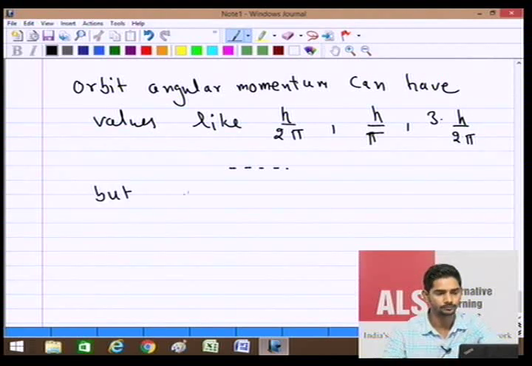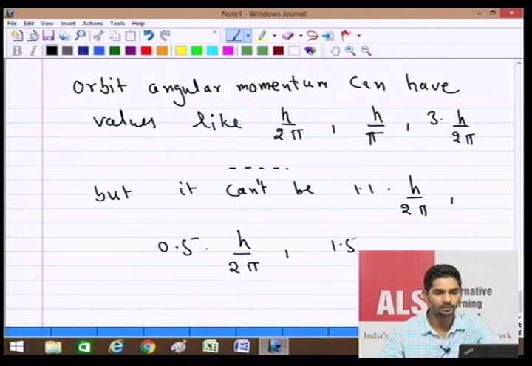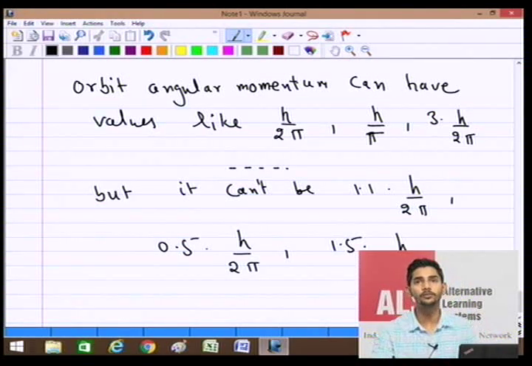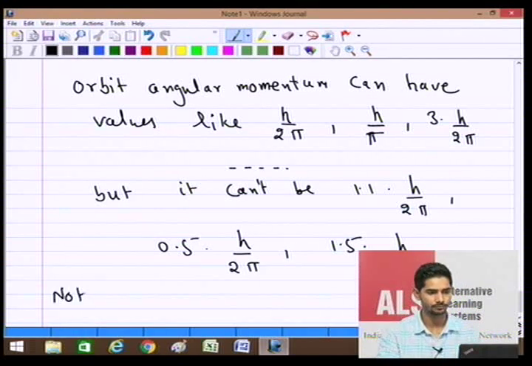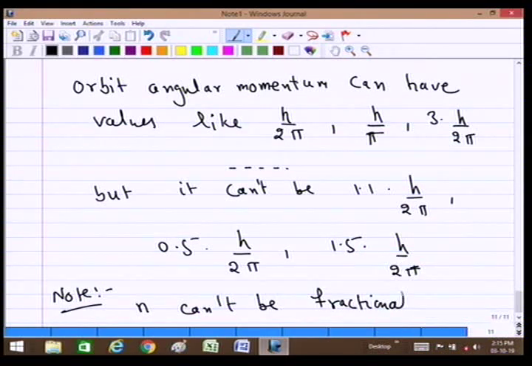But it cannot be like 1.1 h upon 2 pi, 0.5 h upon 2 pi, or 1.5 h upon 2 pi. It means that it cannot have fractional values. n cannot be fractional. This is the meaning of that second point.